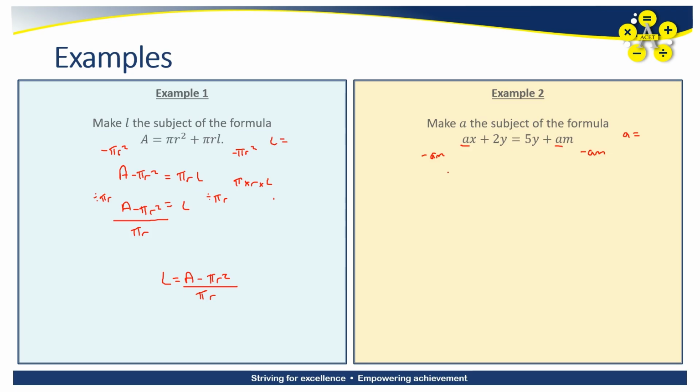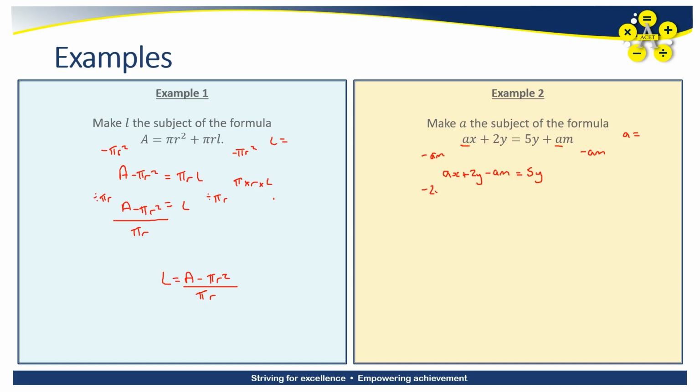If I do that, I get AX plus 2y minus AM equals 5y. Now it's not looking particularly great here, so I'm looking at this left-hand side. I've got AX, 2y and minus AM. This 2y doesn't have any A's as part of its term, so I'm going to get rid of it and move it.